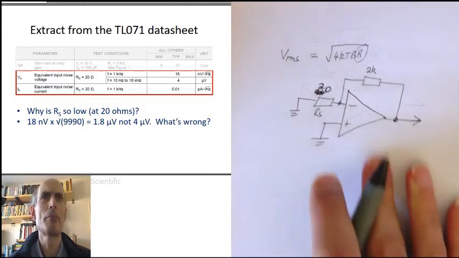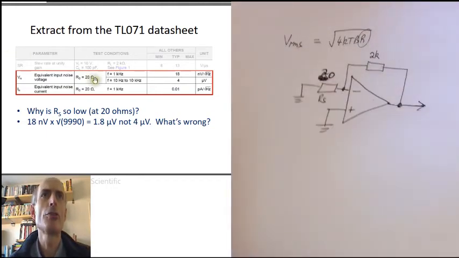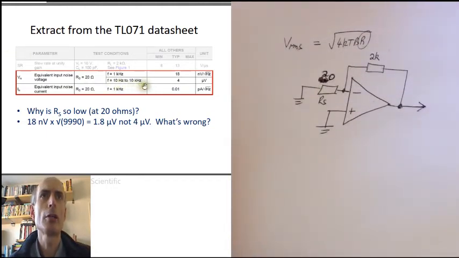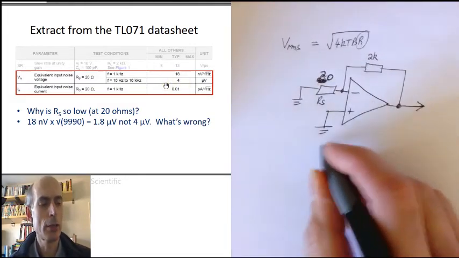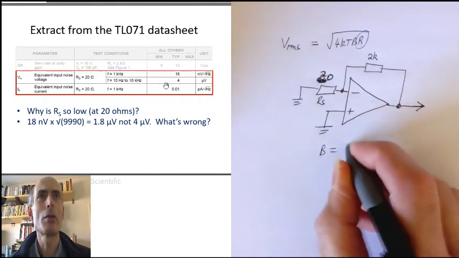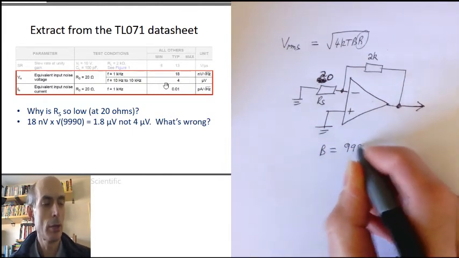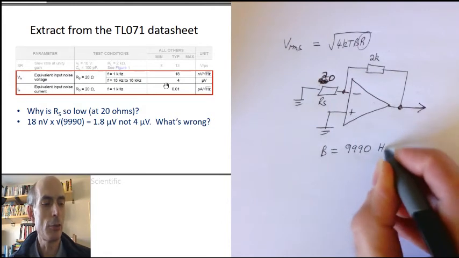Next question. The total noise from 10 Hz to 10 kHz is specified as 4 microvolts, but 10 Hz to 10 kHz is a bandwidth of 9,990 Hz.